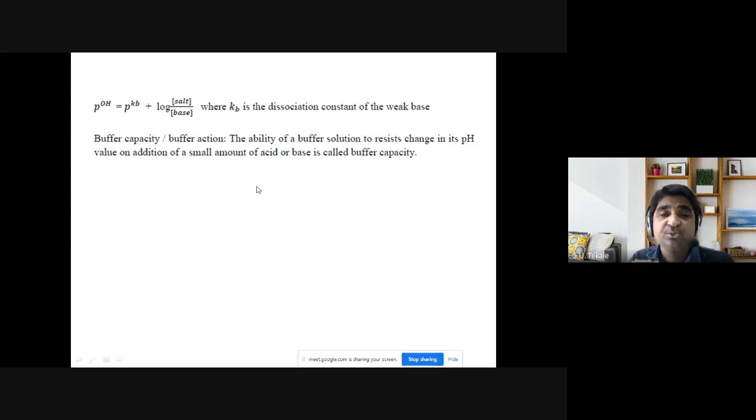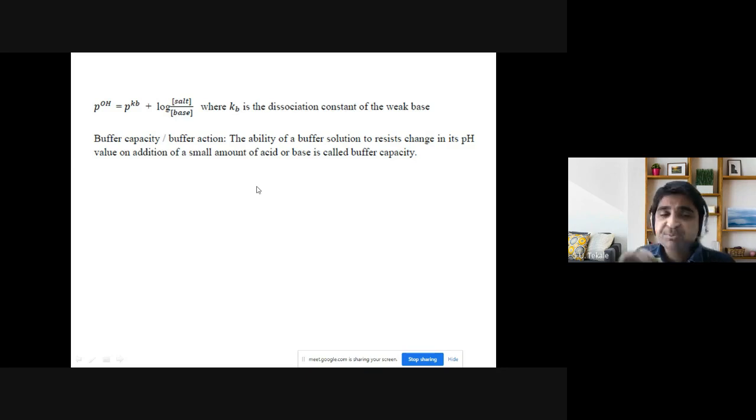That particular ability of the buffer solution to resist change in its pH value on addition of a small amount of acid or base is called buffer action or buffer capacity.